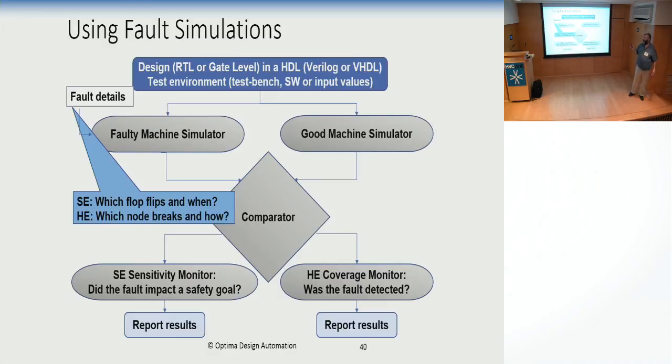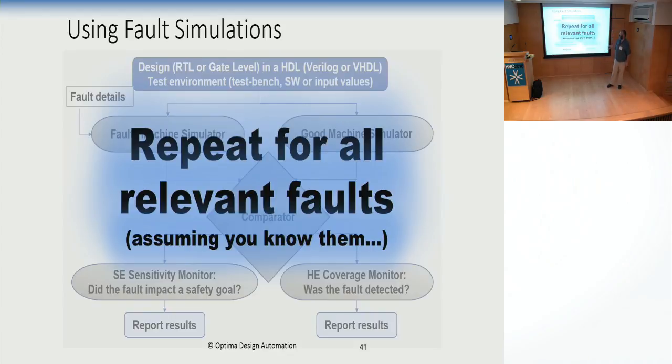For soft errors, I can decide which flop flips and when. For hard errors, which node breaks and how, what kind of breakage it is. This is the basic flow of using fault simulations, and all you need to do is repeat it for all relevant faults, assuming you know all the relevant faults, depending on your model and your design.